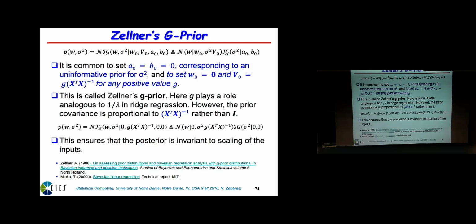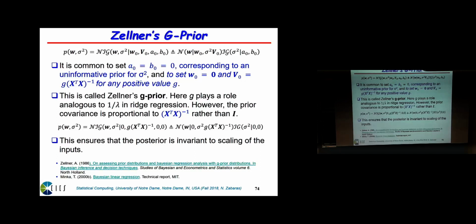It's a specific form of the normal inverse gamma distribution that I had before, where that matrix there is X transpose X inverse. And X, you remember, is my inputs, right? It's my design matrix. So this looks really weird because you have a prior model, but your prior model depends on your data. You say, wait a second, that's illegal. Well, it's illegal, but it works.